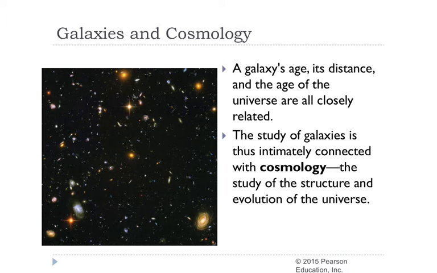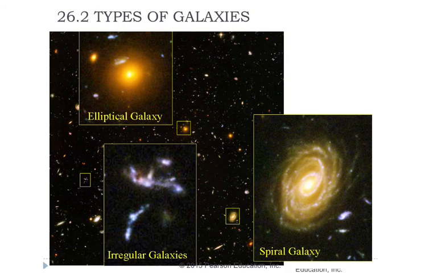The study of galaxies really gives us insights on the structure and evolution of the universe: how they formed, how they get grouped together, what their motions are, and what their structure is. Studying those gives us an insight on the structure of the universe, which is cosmology.